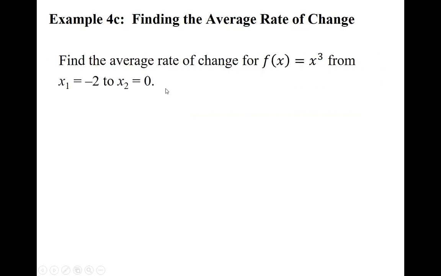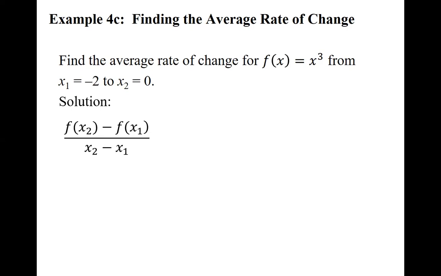So let's find the average rate of change for the function f of x equals x cubed from x1 equals -2 to x2 equals 0. So the average rate of change version of the slope formula: f of x2 minus f of x1 over x2 minus x1. We have our x2 equals 0. We have our x1 equals -2.